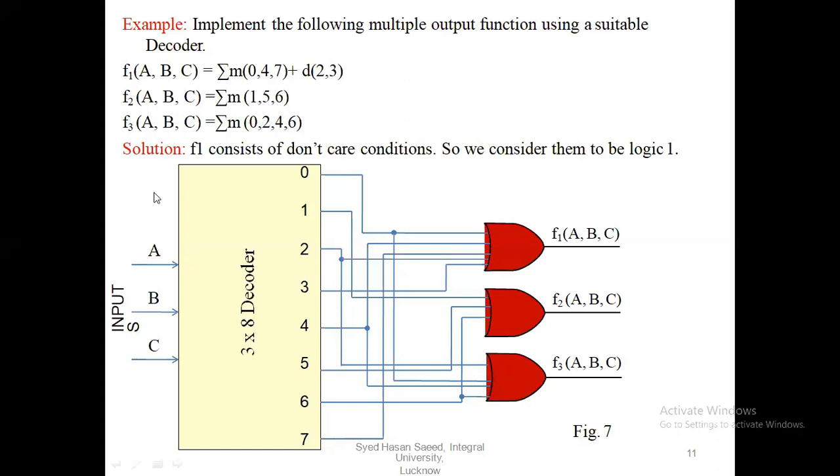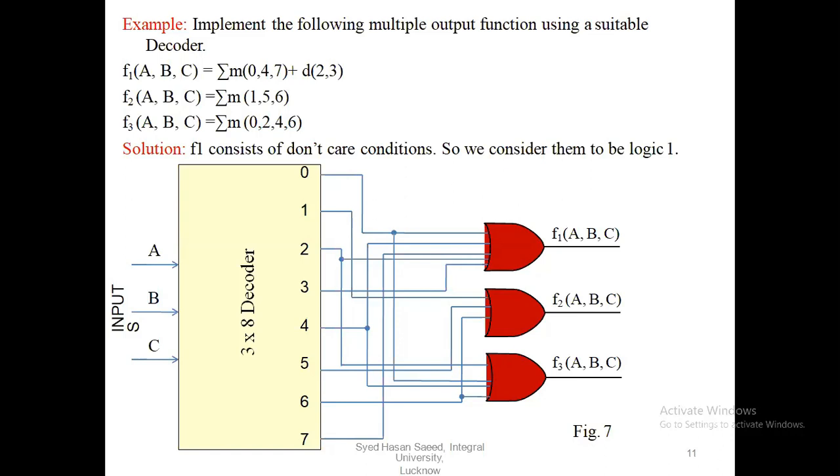See here, which decoder type will it require? A 3 by 8 decoder. Why? Because here how many inputs? 3 inputs. So which type of decoder? 3 by 8 decoder. Why? Because the decoder definition is that n inputs produce 2 power n outputs.